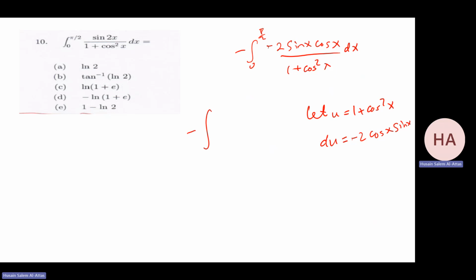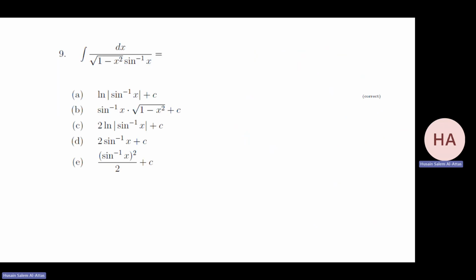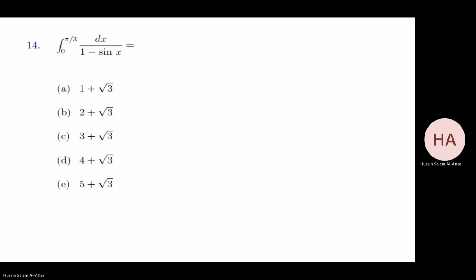Now cosine 0 is 1, that will be 2 to 1 du over u. So it's minus ln of u from 2 to 1. That will be minus, this is 0 minus ln 2, which is ln 2, which is this one. Okay. Yeah.